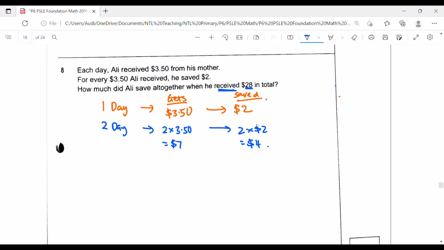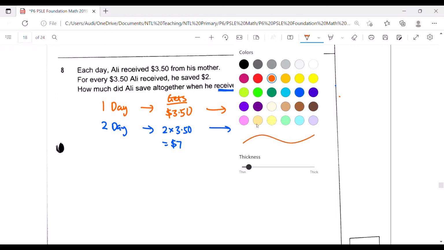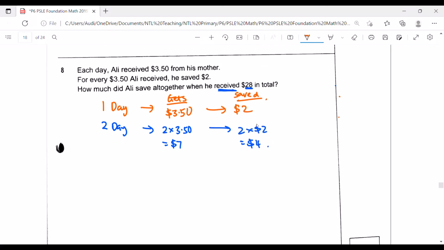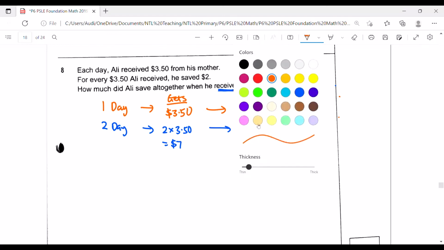From $7, how do we get $28? Okay. We can continue on and on and on, right? But what we can do is just times.